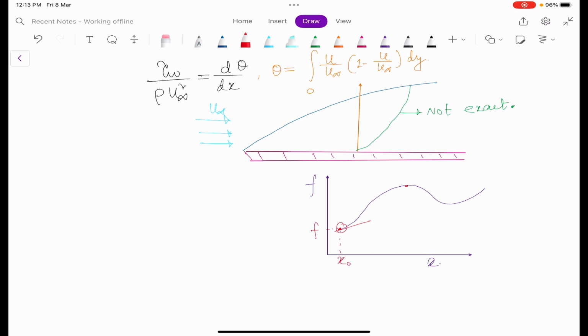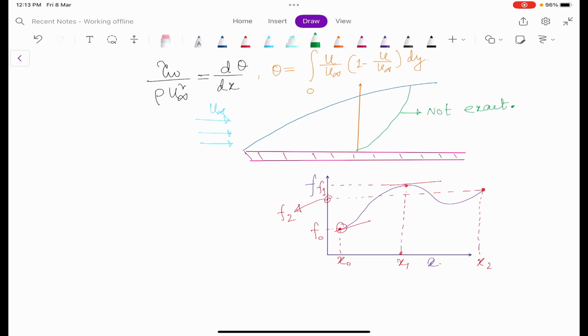You also know that at this particular x1 the slope is something like this and the value is f1, and you also know the value f2 here at x2.